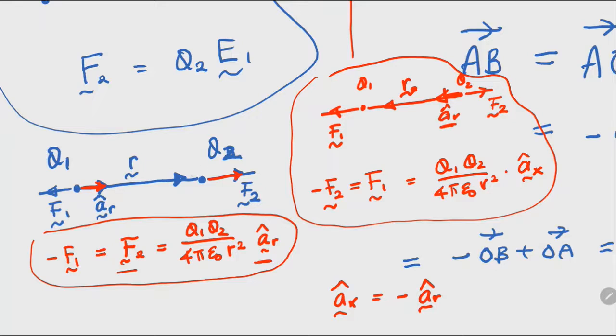If one of them is negative, then if I put it into these equations, my vector will become a negative AR. Then you see that the force will automatically go in the opposite direction as you define it, and it becomes an attractive force.